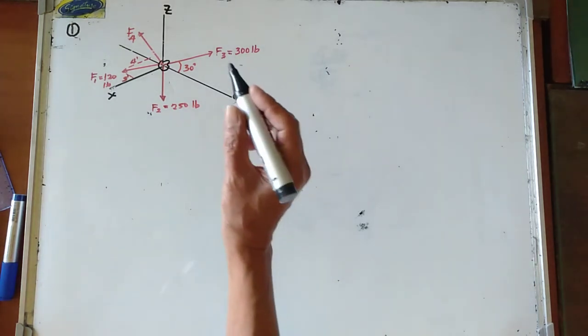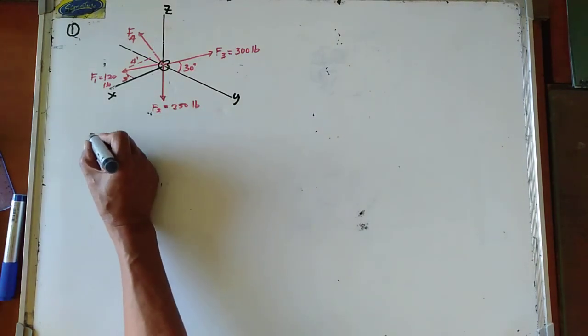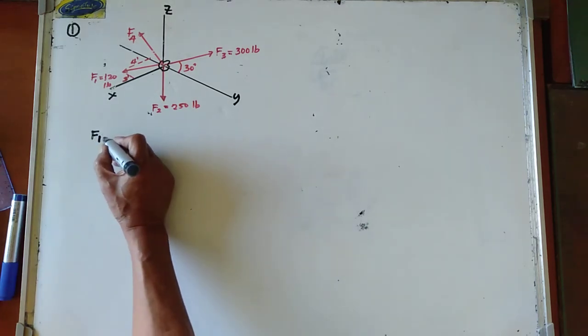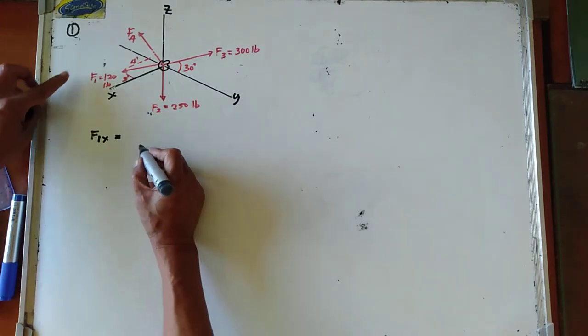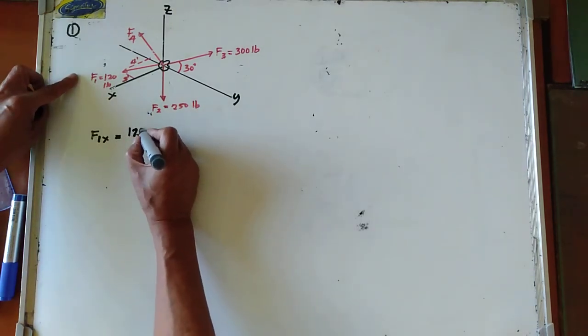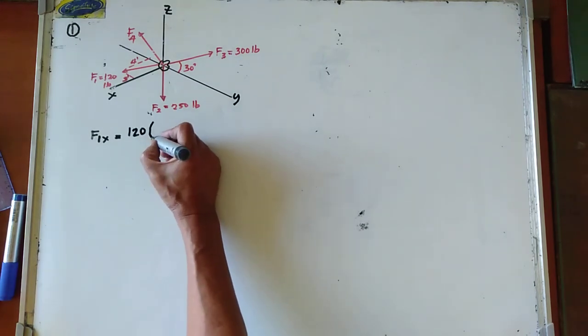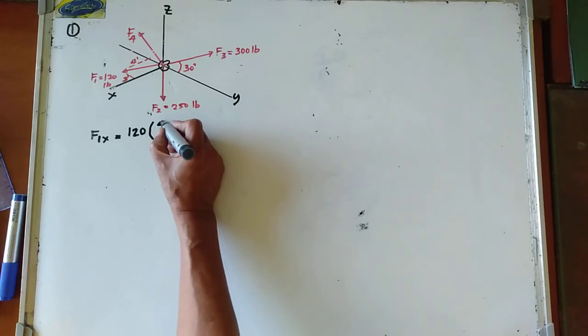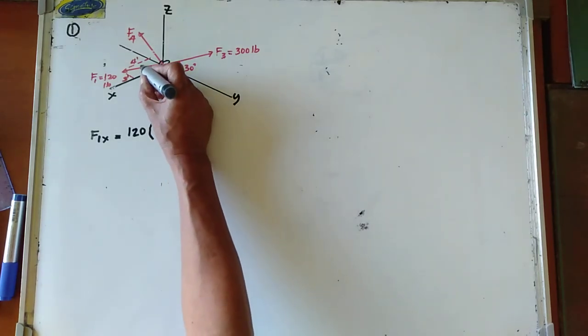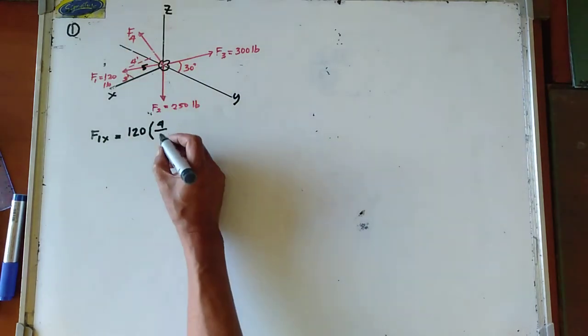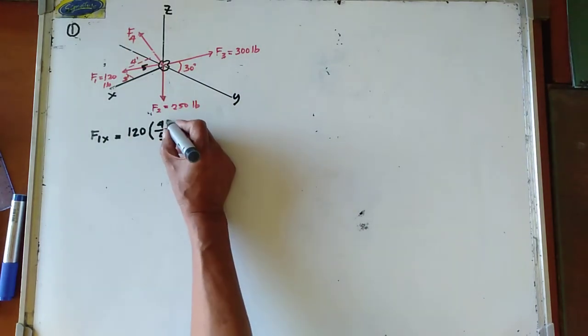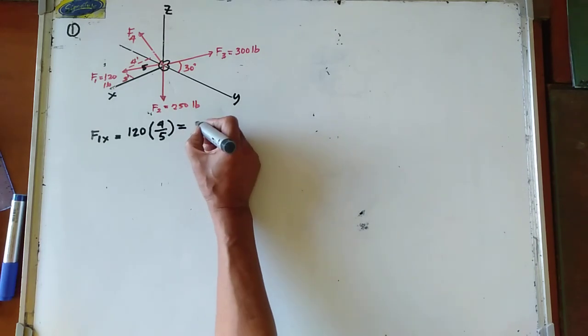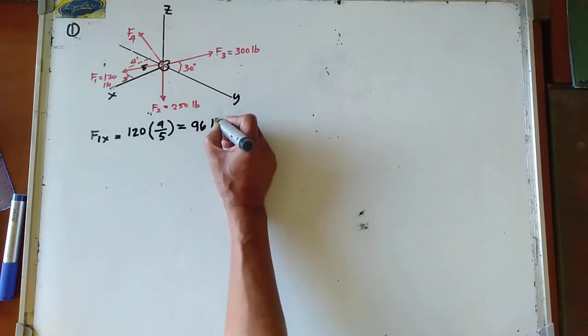Okay, so first, let us determine the components of F1. F1x is equal to 120 multiplied by the x slope, which is 4 all over the hypotenuse, which is 5. 4 over 5, so this is equal to 96 pounds.